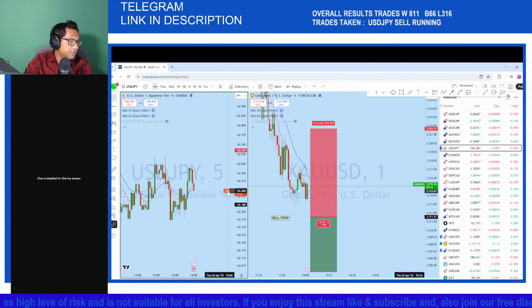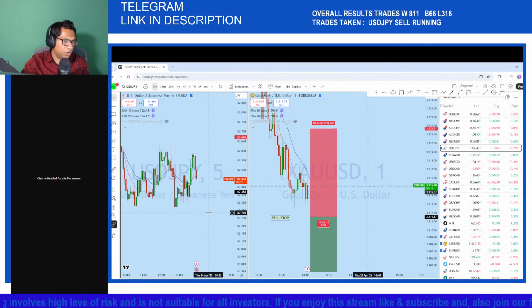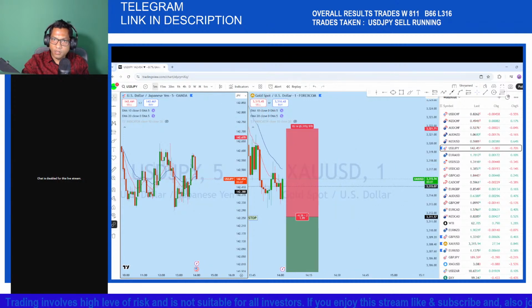Dollar yen has started to reject from the top, so we will hold it. The probability for a drop is high on dollar yen.